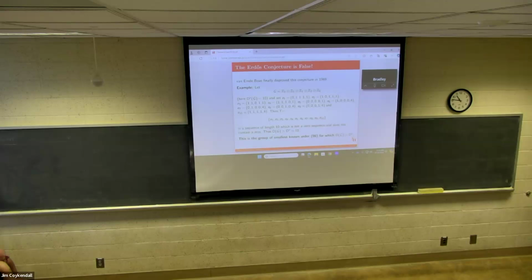That's how he did it in this technical report that I have a copy of. If anybody wants a copy, get in touch with me, I'll run it off for you. But this is the group of smallest known order for which the Davenport constant is strictly bigger than D star.